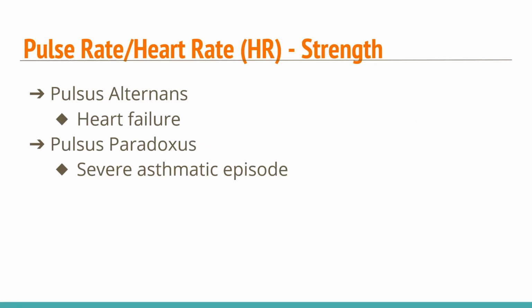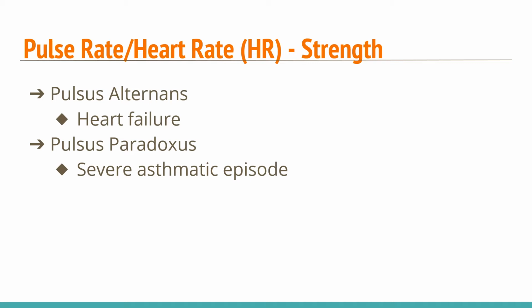All right. Be familiar with the terminology of pulsus alternans and pulsus paradoxus, and what these mean. Pulsus alternans is a normal rhythm, but the strength varies. You're palpating the pulse, and it feels really strong, and then it fades, and then strong again, but on the rhythm strip they still have a normal rhythm.